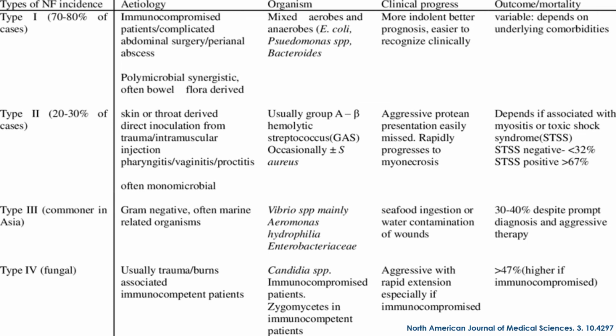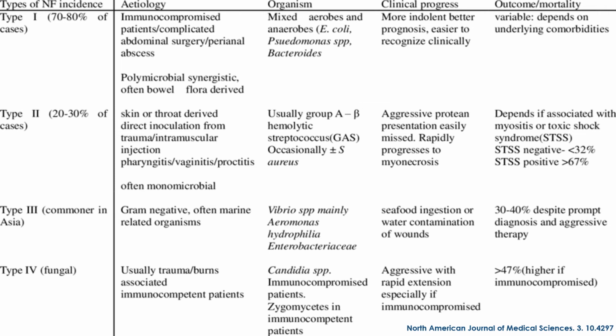Necrotizing fasciitis in common use, we can divide into two types, but in fact, maybe we can divide into four types. Type 1 is about mixed organisms, aerobe and anaerobe, and we may not focus on what the pathogen is, but it's a mixed organism.